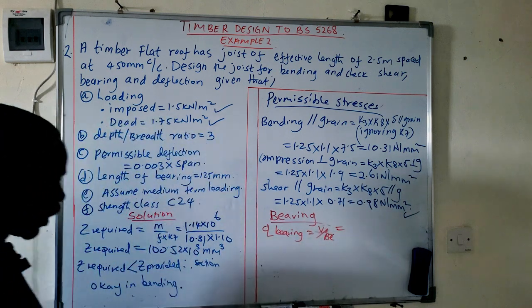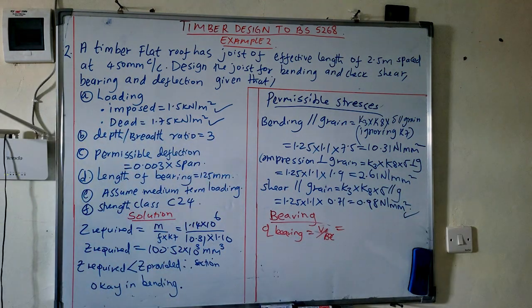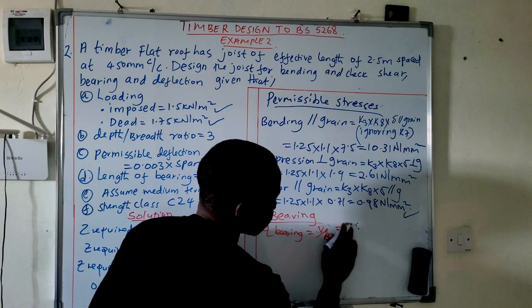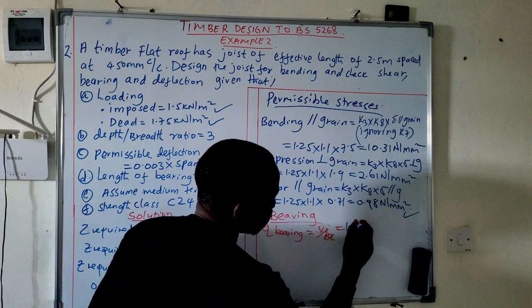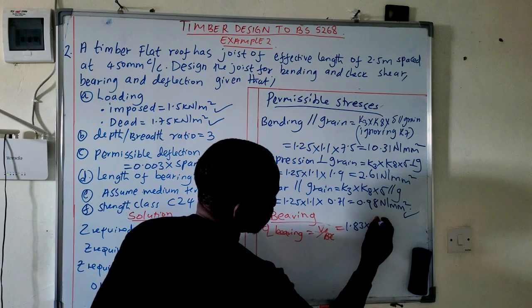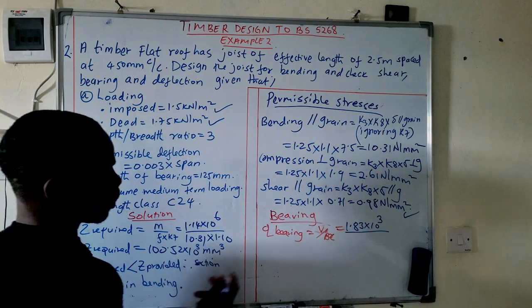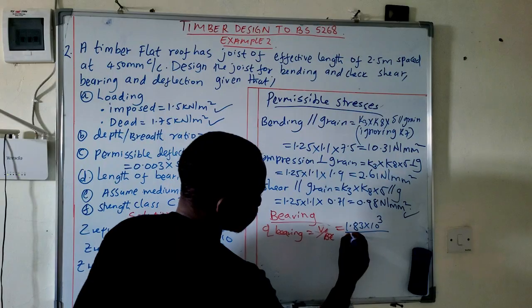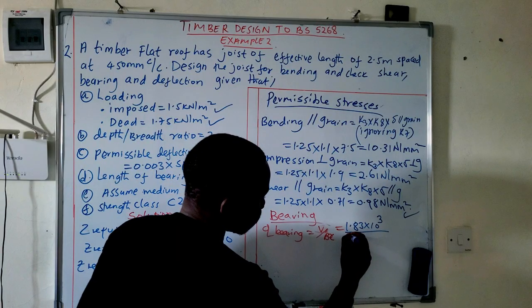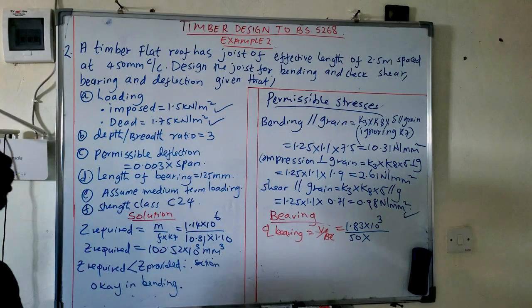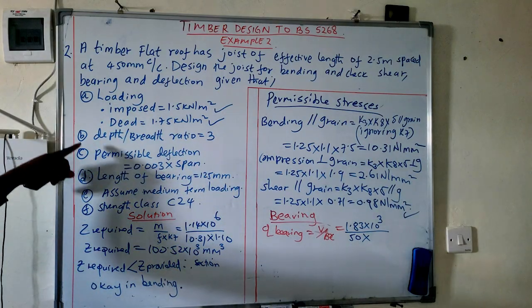So V is the reaction over the shear force. V is equal to 1.83 times 10 raised to the power 3. You convert it from kilonewton to Newton. Then our B is, or was, 50. And then the X is the bearing distance.